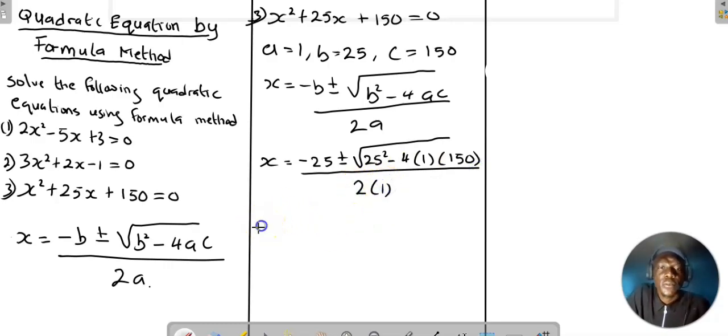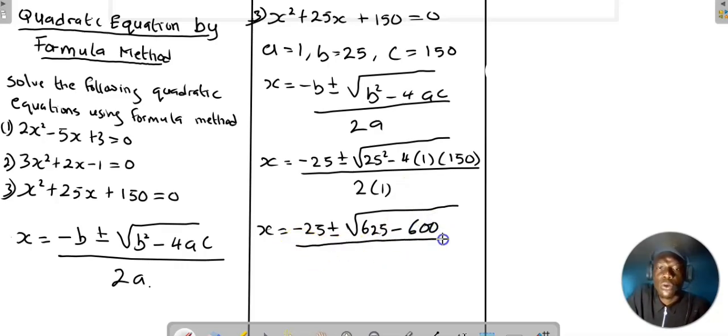So moving on, we have x is equal to minus 25 plus or minus the square root of 25 squared, which is 625, minus 4 times 1 times 150. 1 times 150 is 150, and 150 times 4 gives us 600, so minus 600, all over 2 times 1, which will give you 2.